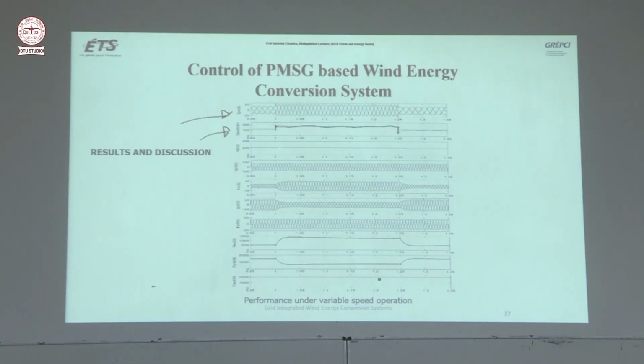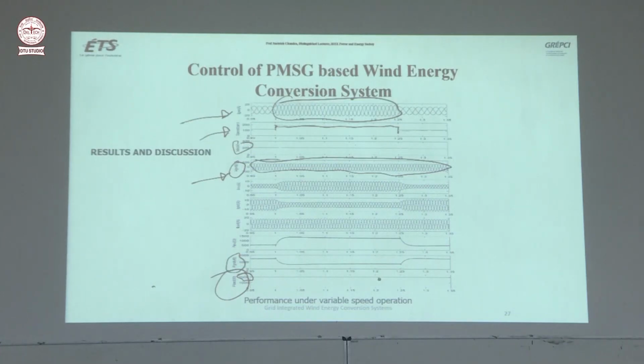Your speed is increased, so you see the current of the generator is increased and frequency is increased. This is VDC, this is grid voltage, which is constant and sinusoidal all the time. This load is 2 kilowatt. Why did the student put a 2 kilowatt load? Because he wanted to implement it in the lab, and in the lab we had a 2 kilowatt machine.